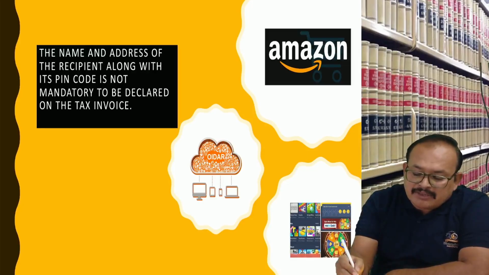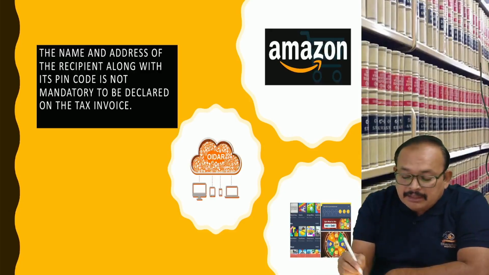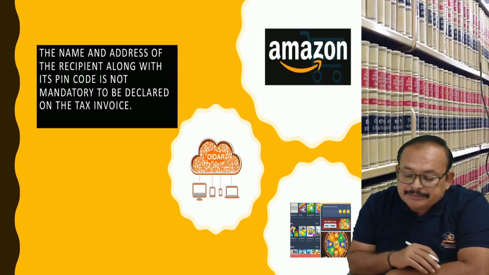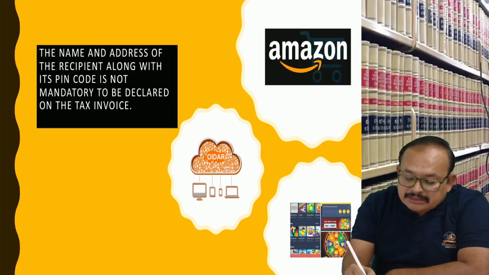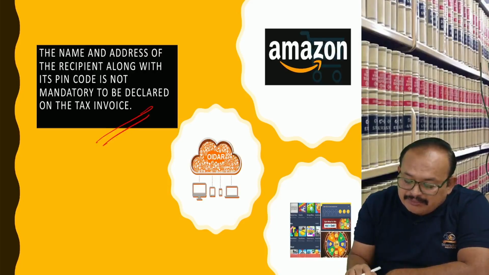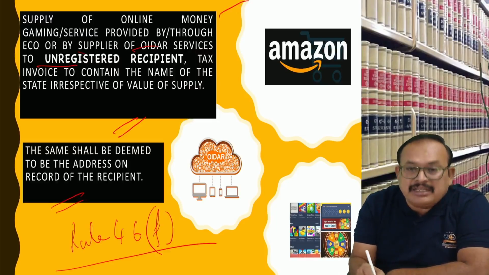The name and address of the recipient along with his PIN code is not mandatory to be declared on the tax invoice. This is what they got amended in this manner. The same shall be deemed to be the address of the recipient.